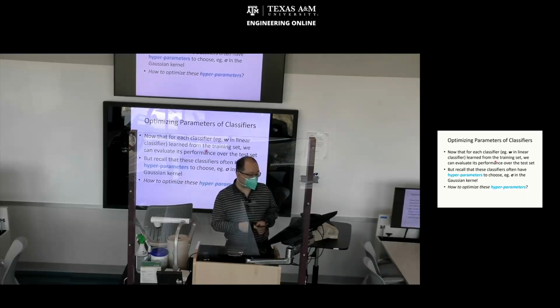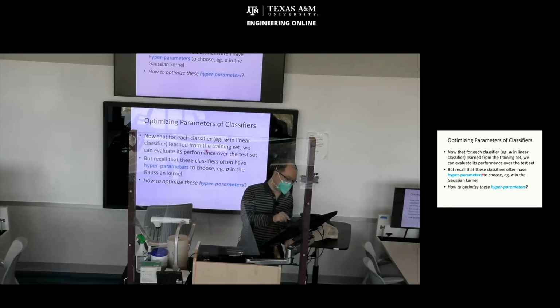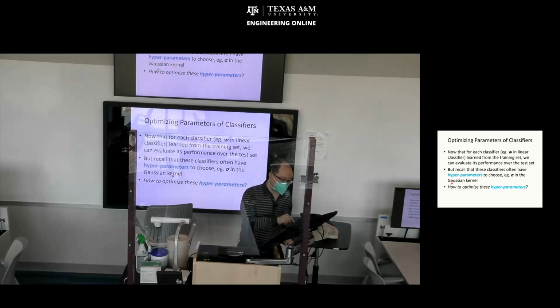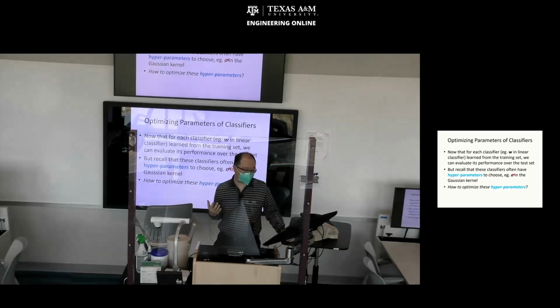But before doing that, there are still so-called hyperparameters to choose. For instance, if you're using the Gaussian kernel in the support vector machine, there's a sigma there. That is not a parameter, but usually treated as a hyperparameter, okay? In neural networks, the number of layers and the number of neurons are hyperparameters, right?